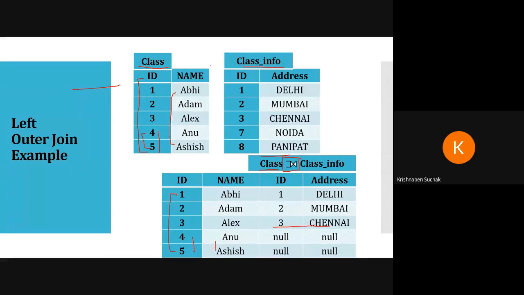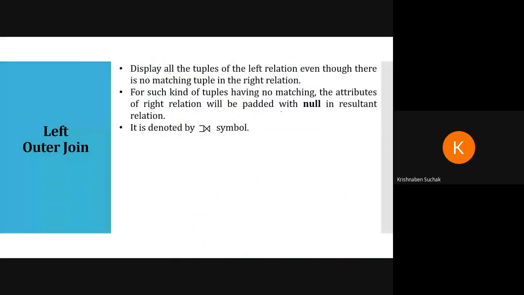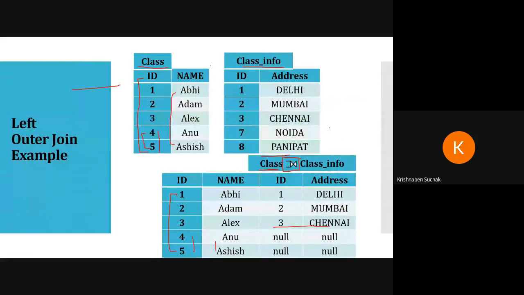Even if we do not have data for all the left tuples, we still display them. The other attributes, ID and address, which are not mentioned for Anu and Ashish, are written as null in the resultant relation. The database fetches the value null while performing the left outer join.